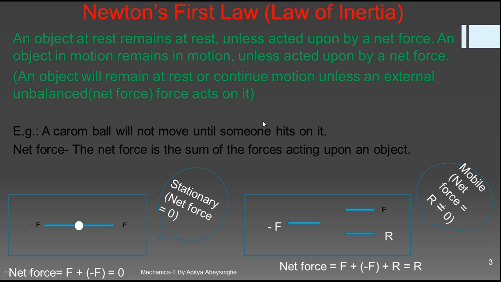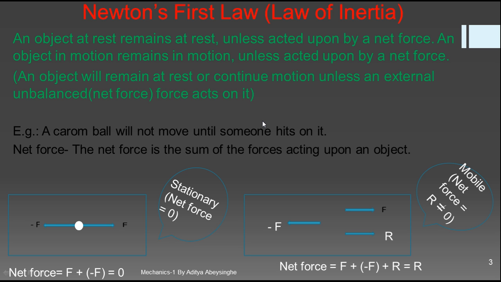When you don't exert a force, or when you don't have a resultant force, an object will not move or make any behavioral change. Newton's first law, as I explained using this example, describes this behavior of matter. Newton's first law says that an object remains at rest unless acted upon by a net force.